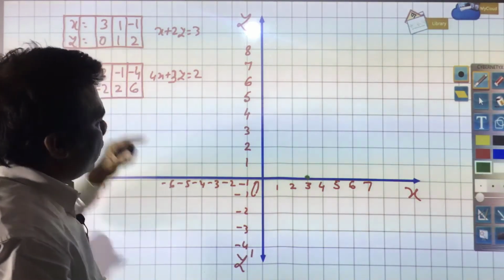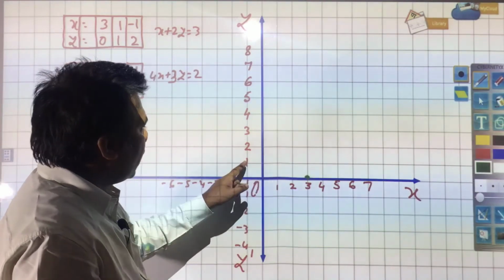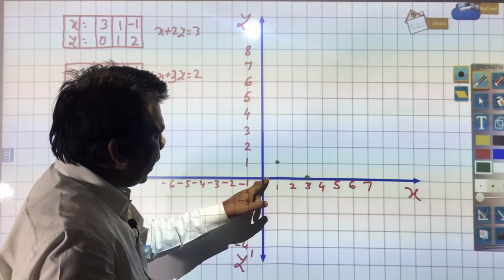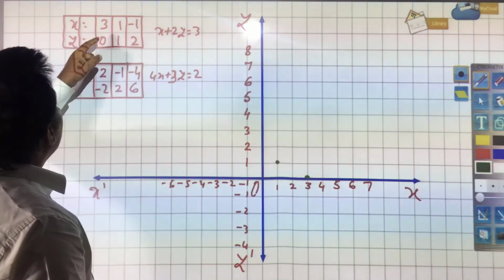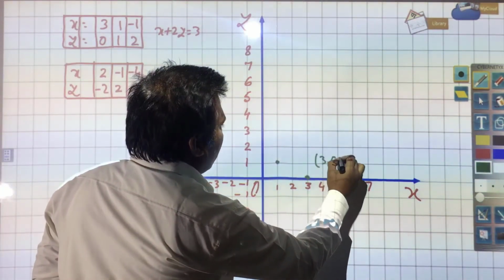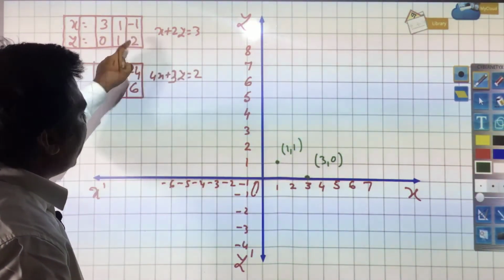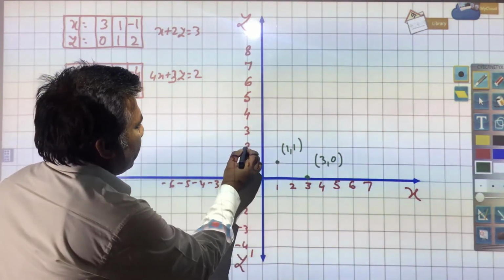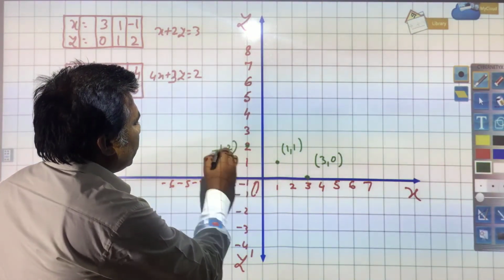Then x is 1 and y is 1, so this point you will get. The points are (3, 0) and (1, 1). And next you have (minus 1, 2), x as minus 1 and y as 2, here you have this point.